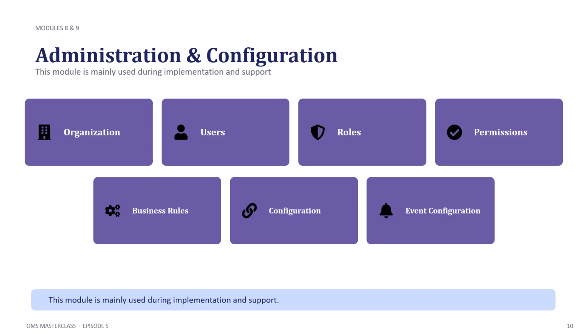For this fundamental series, it's enough to know what this module is responsible for. We are going to cover configurations in a completely separate series where we will build business scenarios and learn how each configuration works step by step. In short, administration and configuration is the module that defines how MAO behaves for a particular business.